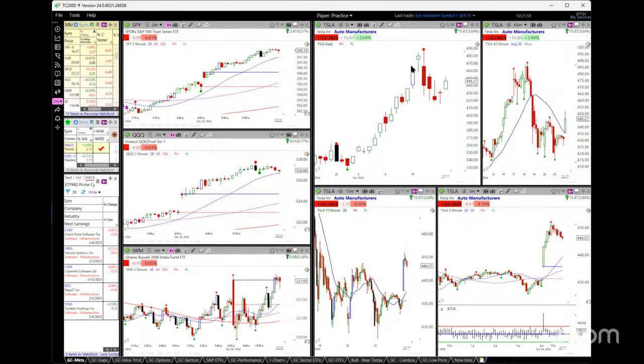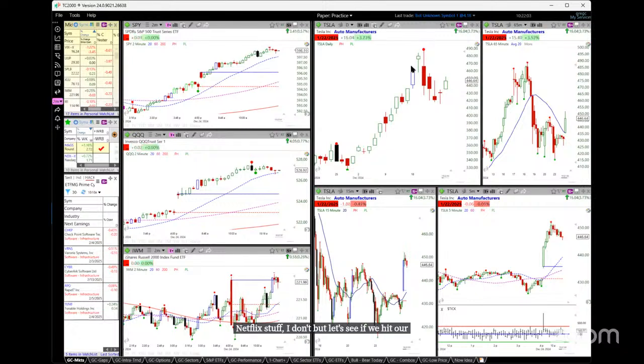Netflix stuff now. But let's see if we hit our break even first. 940. Yeah, that hit break even, Netflix. Man, it's sure catching up right now.